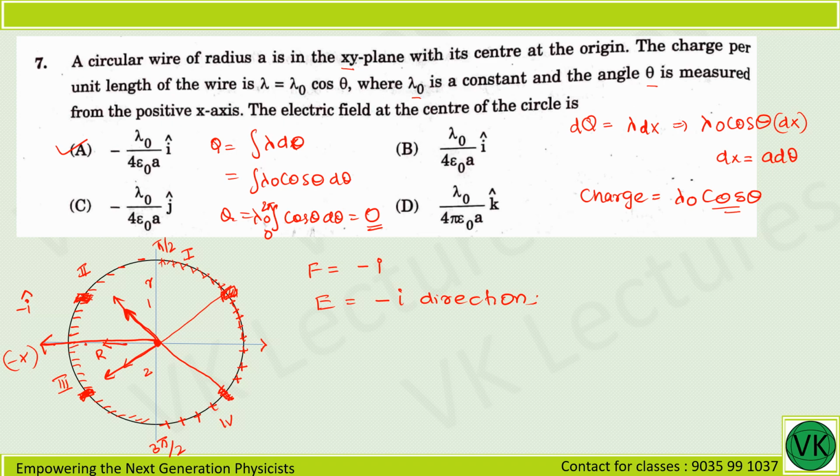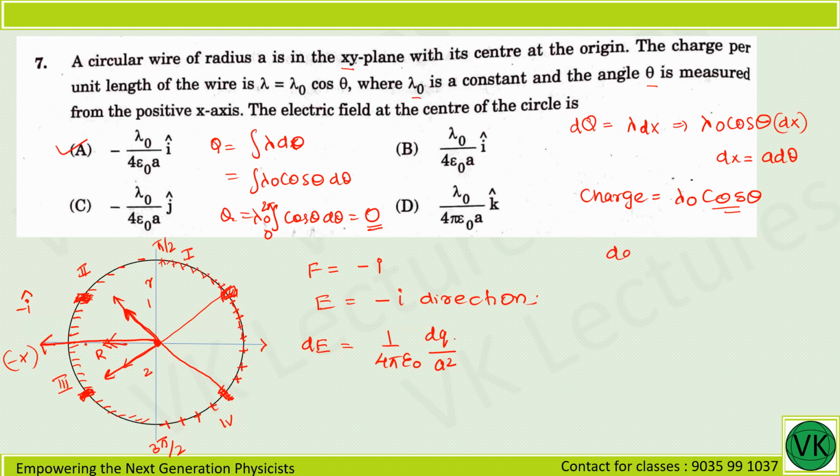So you can find this, and the magnitude can be found by integrating from the first vector that you get here. The dE is equal to 1 by 4 pi epsilon naught dq by a square.